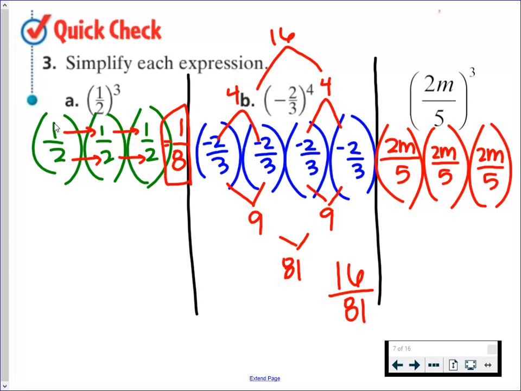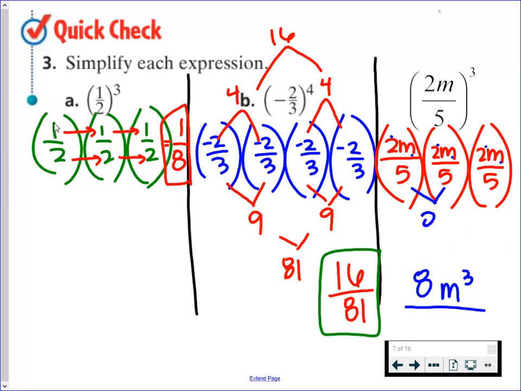Just multiplying straight across. 2 times 2 times 2. 2 times 2 is 4 times 2 is 8. How many m's? 1, 2, 3. 5 times 5 is 25. 5 quarters. Not scary at all.